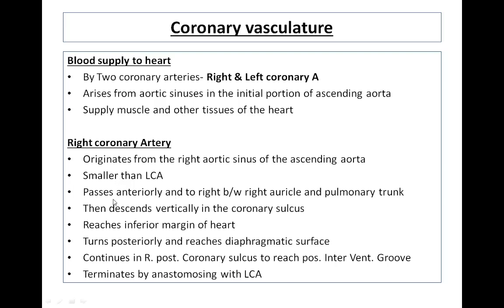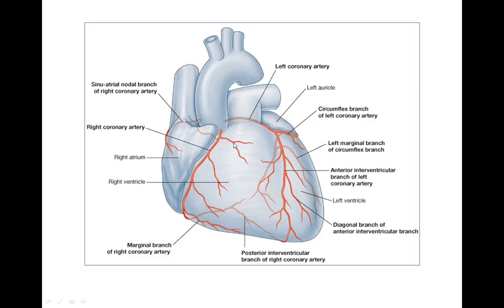It passes anteriorly. See, this is the right coronary artery arising from the right aortic sinus. Then it comes out between the auricle and the root of the aorta. Then it reaches the sulcus, what is the name of this sulcus? This is our coronary sulcus.